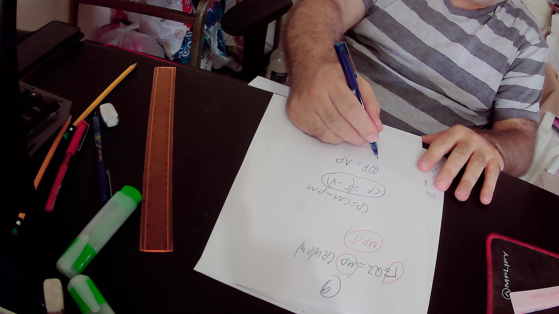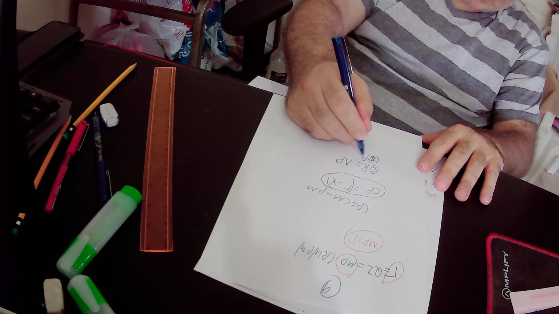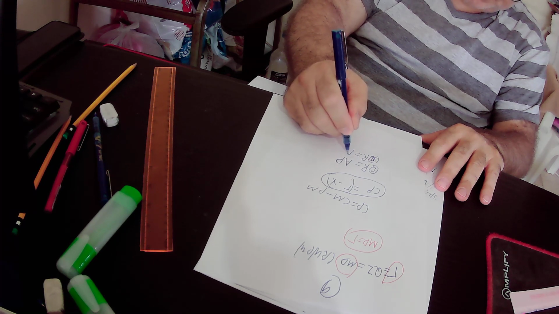Equation number 2 states that the radius of the big circle equals PB.